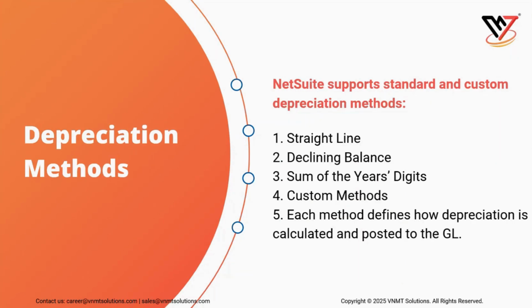And coming to the depreciation methods. There are different depreciation methods supported in NetSuite, but there are a few standard depreciation methods available in the system. Those are the straight line method, declining balance method, sum of the years digits method, custom methods, and written down value method.